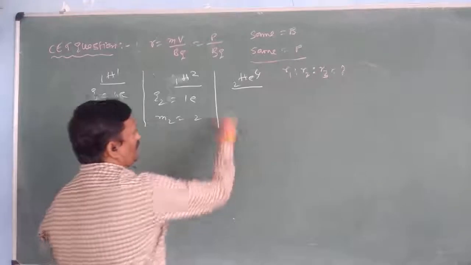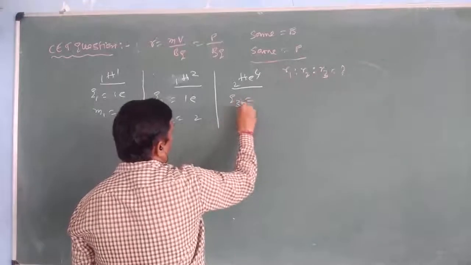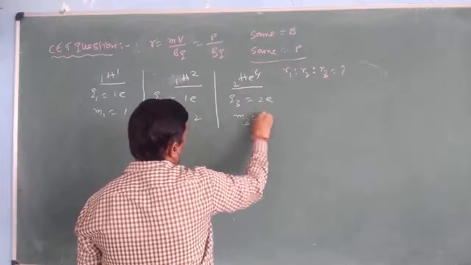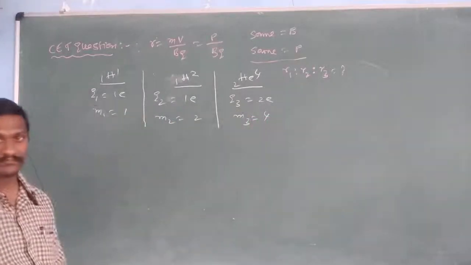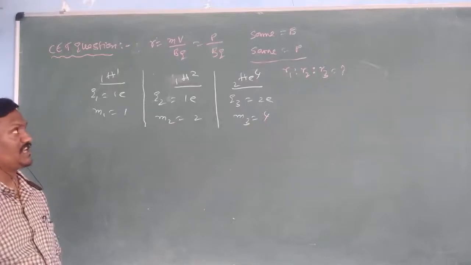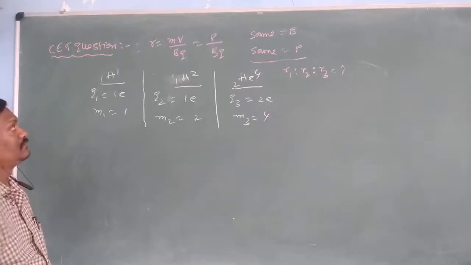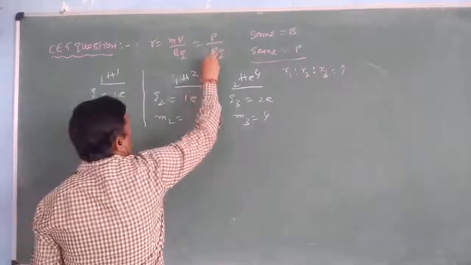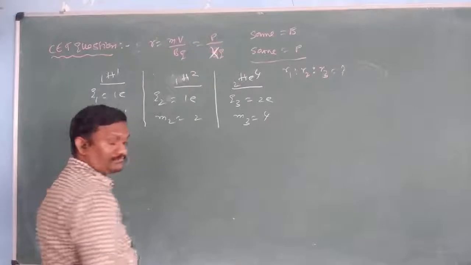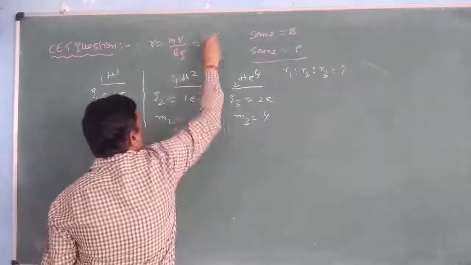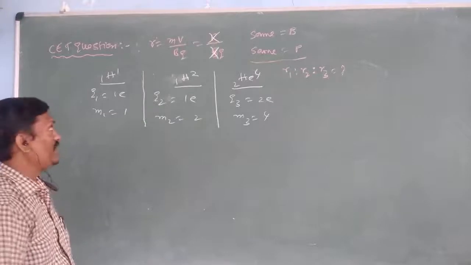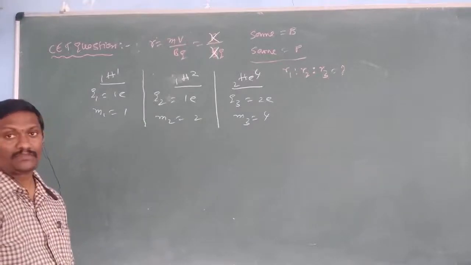And the third particle alpha, the charge of alpha particle is 2e, and the mass of alpha particle is 4. So three different particles enter perpendicular to the same magnetic field. So B is constant, and with the same momentum, P is also constant. Then find the radius ratio.